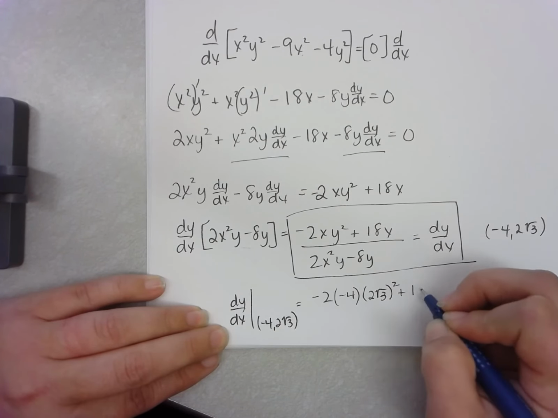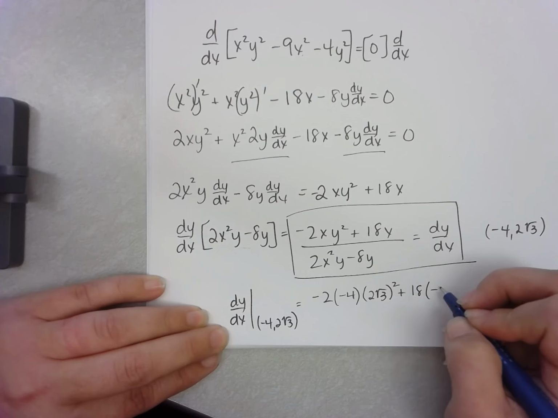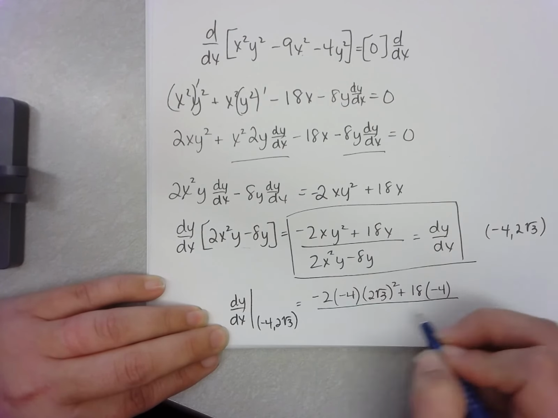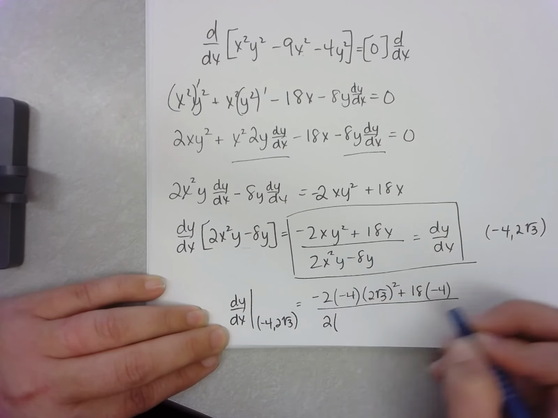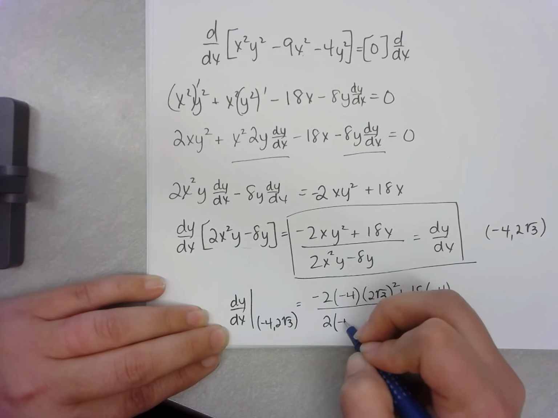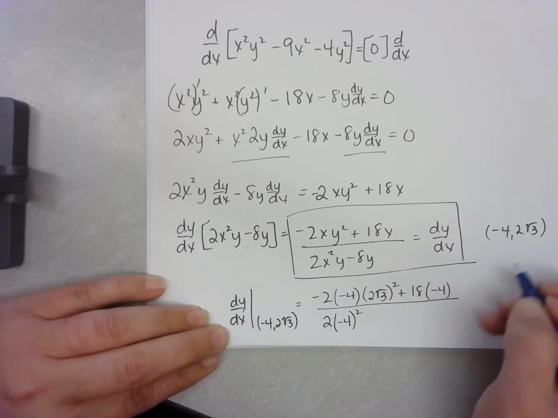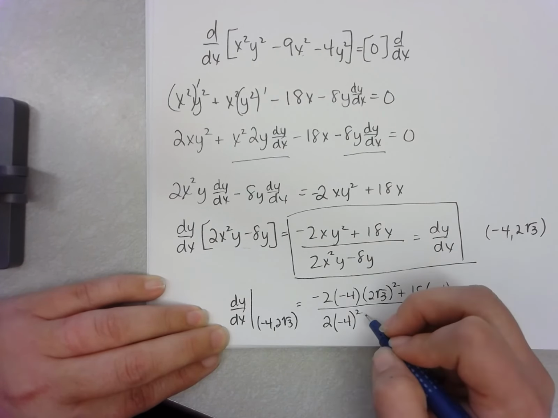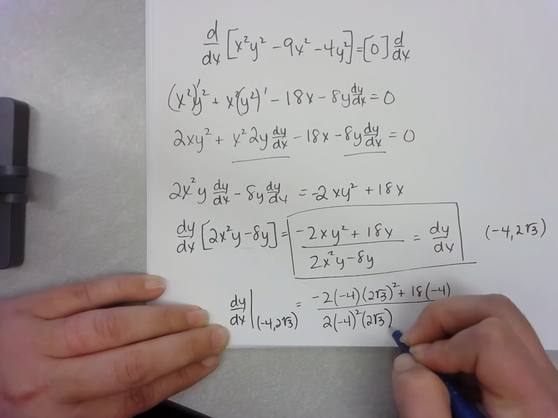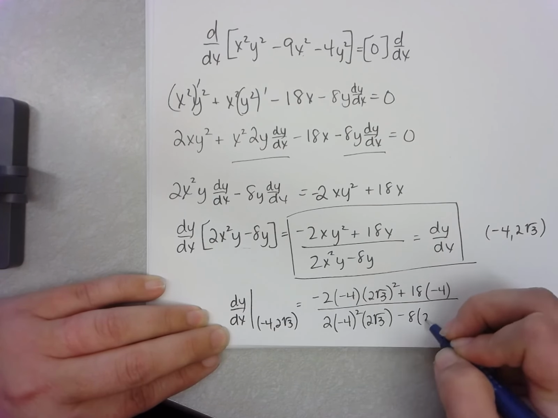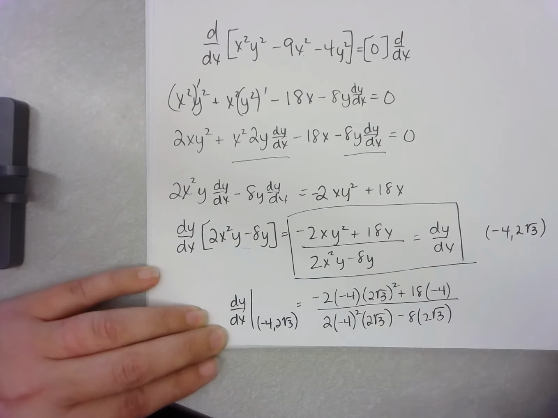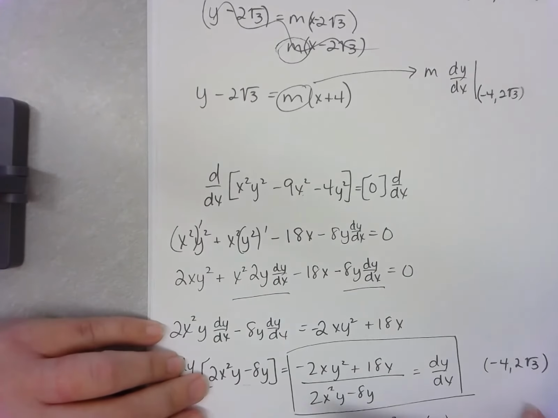Then I have plus 18 times x, which is negative 4, all over 2. x squared is negative 4 squared. And then I have times y, which is 2 radical 3, minus 8 times 2 radical 3. Okay, so let's start a new page here.